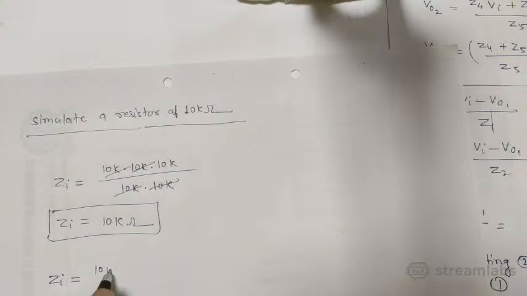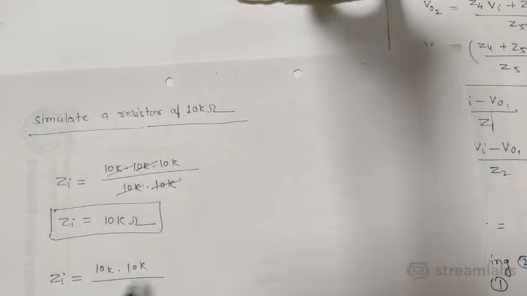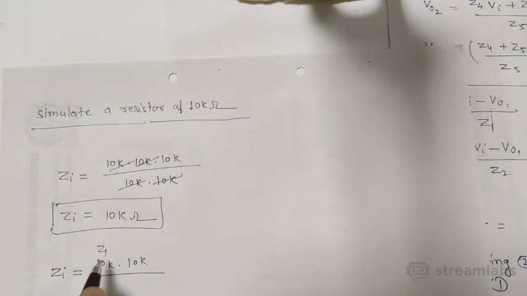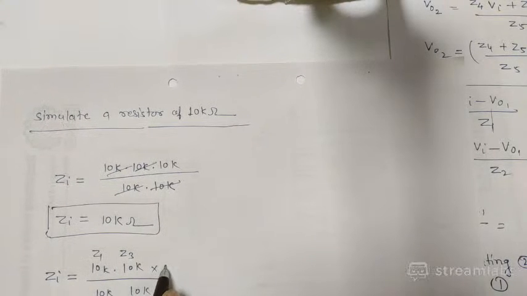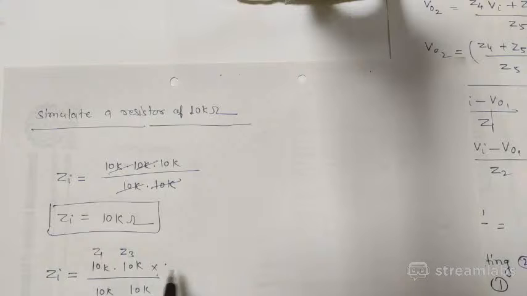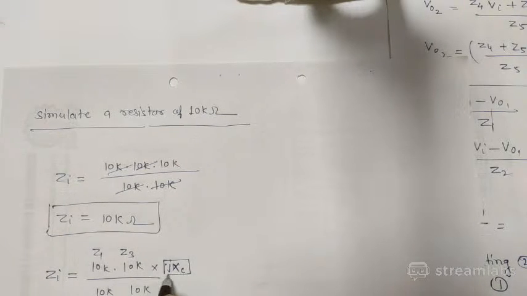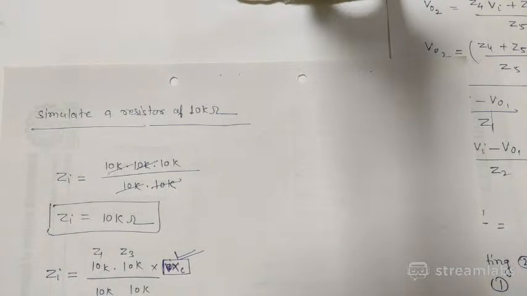You can take Z1 as 10K, Z3 as 10K, Z2 as 10K, and Z4 as 10K, and then you can take a capacitance here, j omega C, that is XC, instead of the resistance. So it will work as a capacitor. So capacitance design is easier.